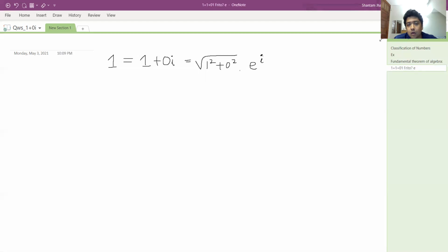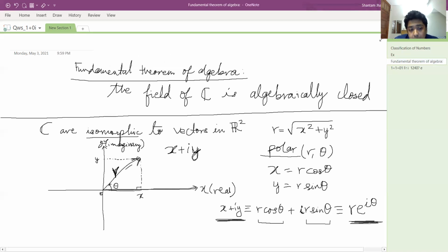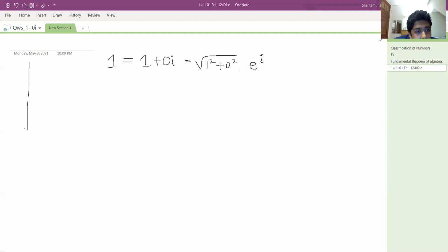But now I need to know what my theta is. What is theta? Well, how did we define theta? Theta is the angle from the positive x-axis increasing counterclockwise, right? Where's my vector 1? My vector 1 in the complex plane looks like this.